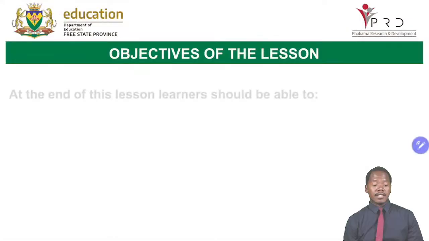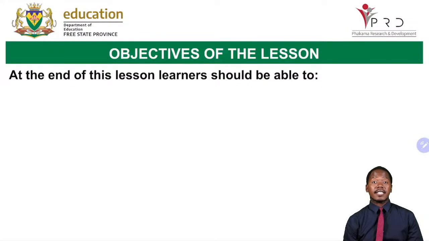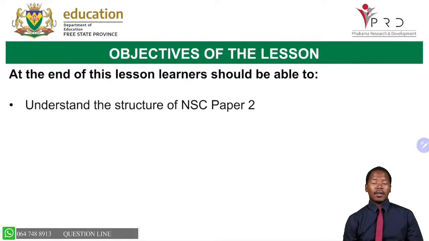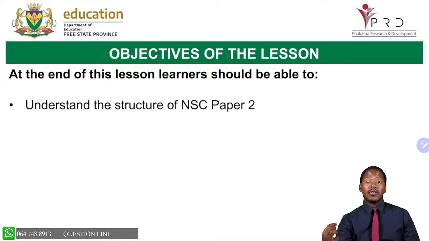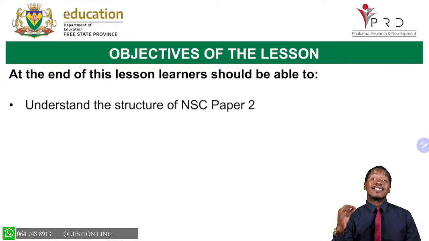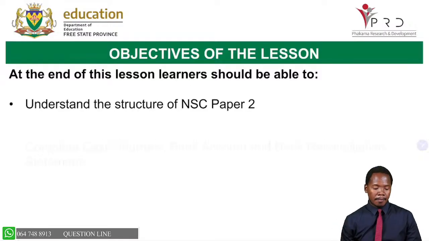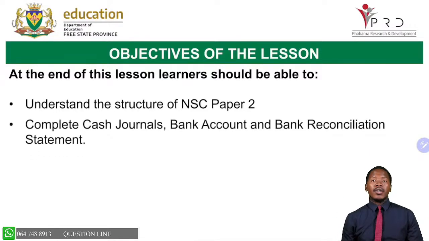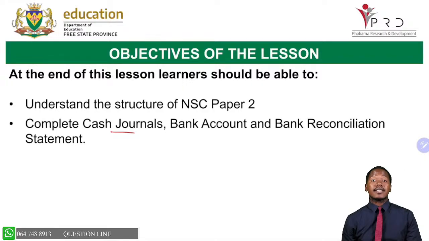Now, grade 12s, let us look at the goals or the objectives of this lesson. Firstly, you need to understand the structure of paper 2. The paper that you'll be writing tomorrow is paper 2. You will also have to complete the cash journals, which is the CRJ and the CPJ.